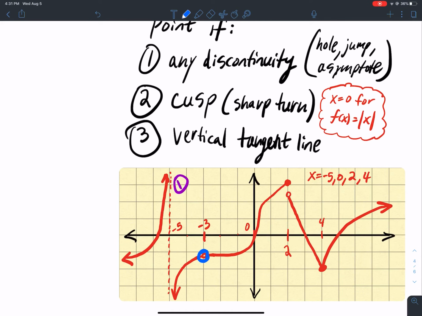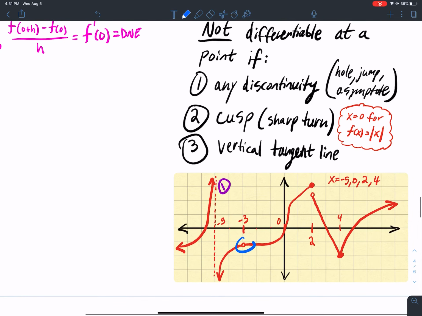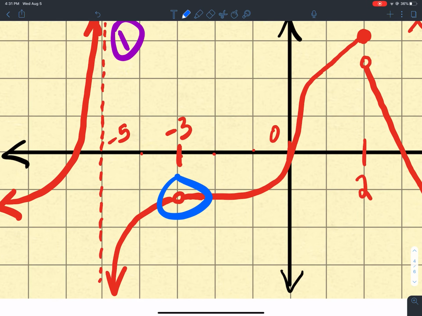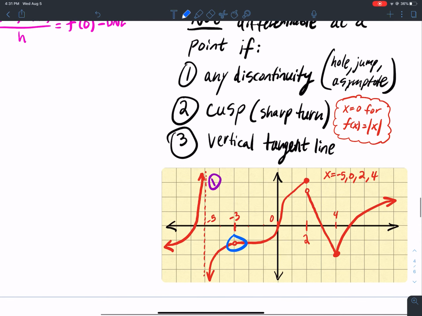It looks like we have a hole in the graph. Well, it looks like you'd have a derivative right there, right? But we're saying the derivative at a point. But guess what? The function is not defined. It's not continuous at that point. Therefore, x equal to -3 fails by discontinuity again. If it's discontinuous at the point, it's not differentiable there, okay?